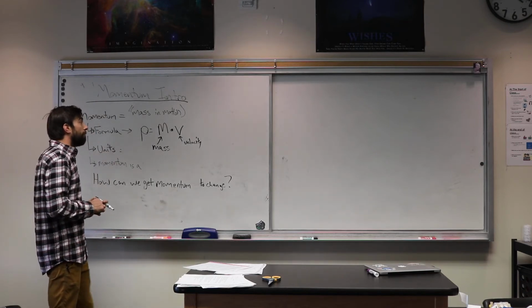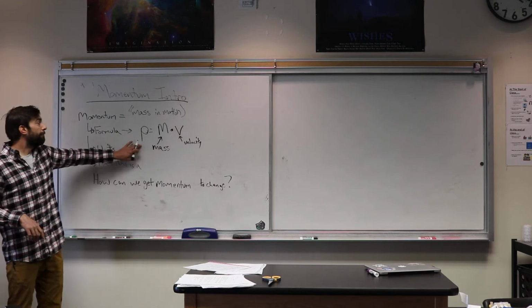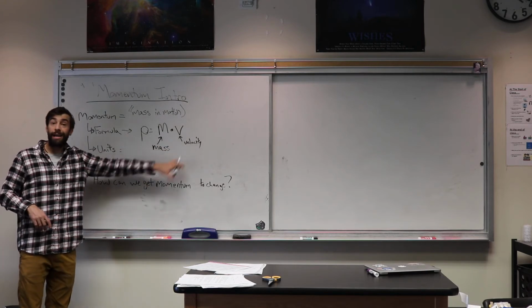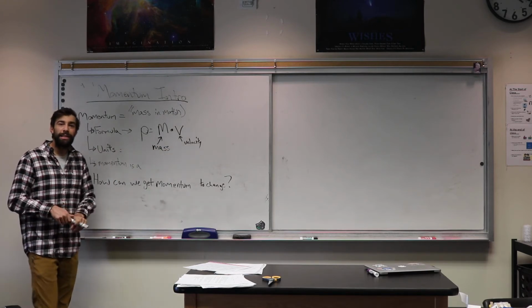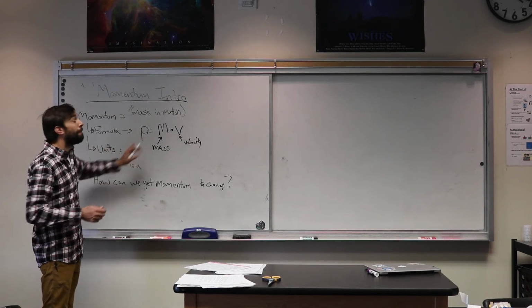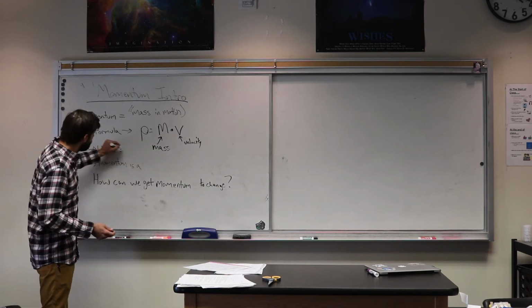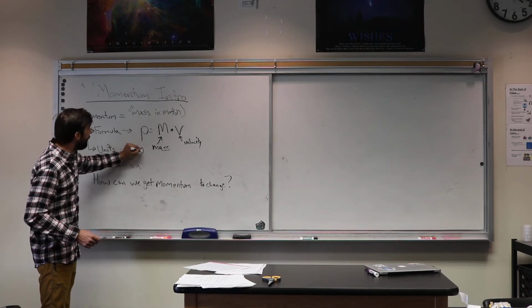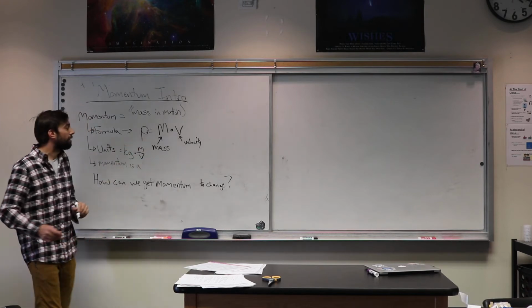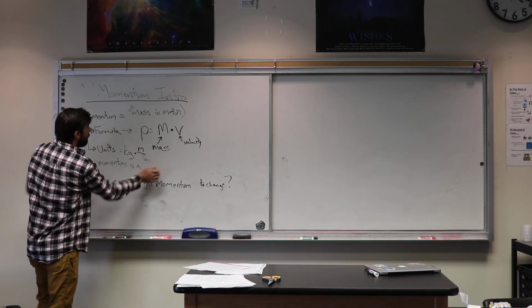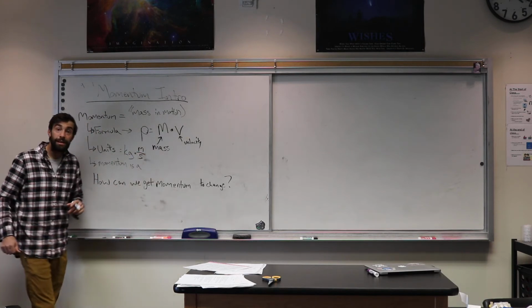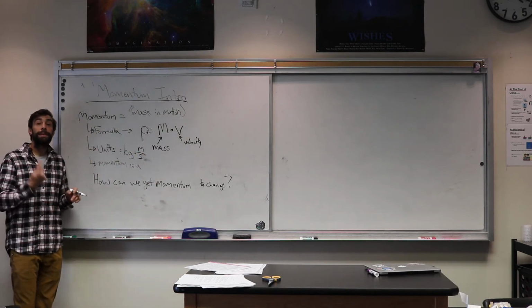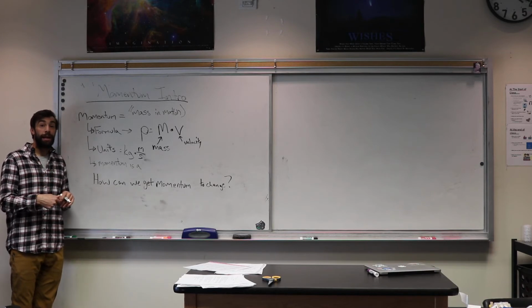Our units of momentum, well, if momentum is mass times velocity, what are our units? We just said the units of mass are kilograms, multiplied by the units of velocity, meters per second. And so our units are going to be kilogram meters per second.